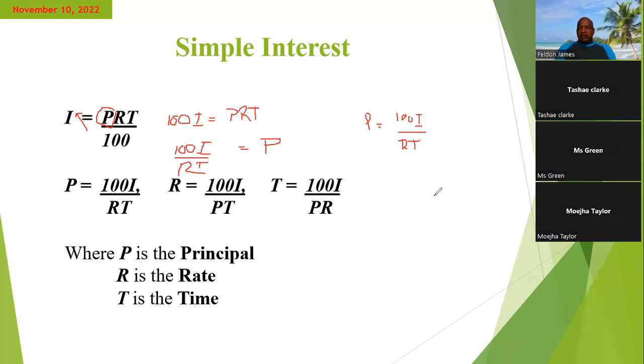All right, where did I lose you, Miss Green? Sir, with the interpreting, with the multiplication and the division part. Okay, so all I'm saying is that when we're trying to make any of the unknown the subject, everything around that unknown must go to the other side.